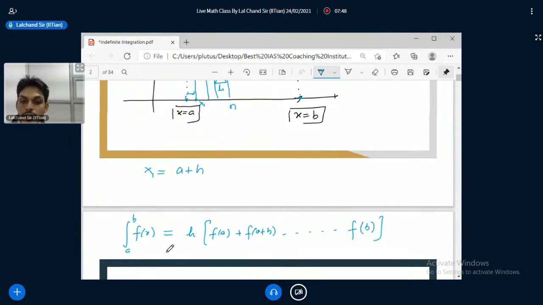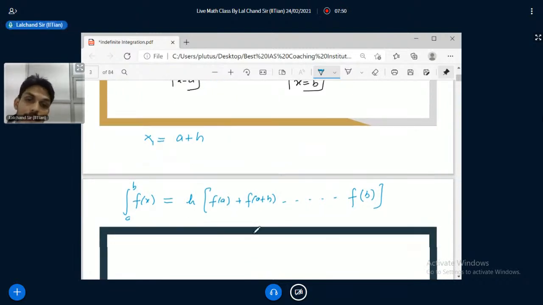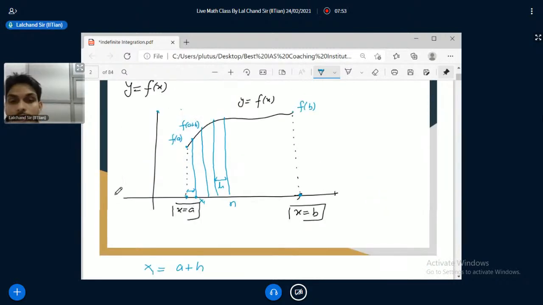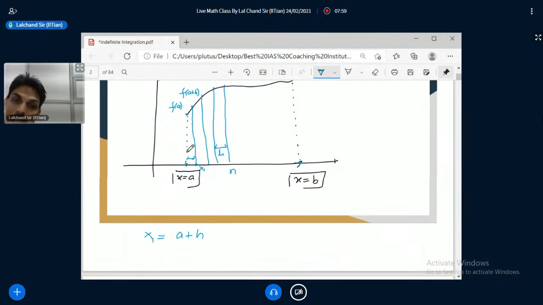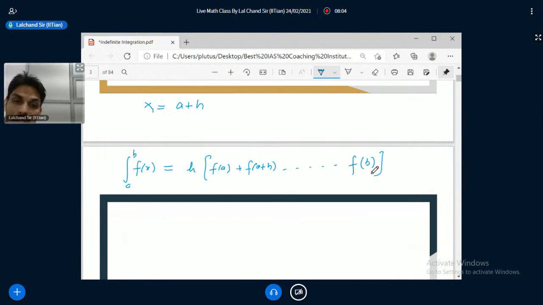In this way we can write this equation, if I consider each narrow strip as a rectangle. The width is h and the height is f of a, f of b, like these points. So this area is equivalent to this area.